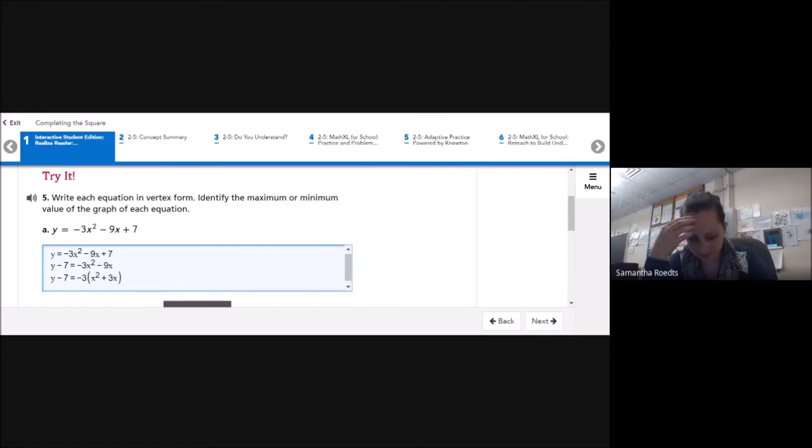From here, I need to complete the square. So b divided by 2 squared. So that's 3 divided by 2, equals 1.5 squared equals 2.25.